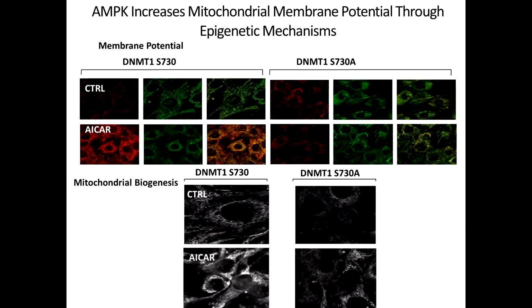And the way we're able to see that is if you look at the row that is labeled with ICAR, the very first picture is really red. The second picture is green. And then the third picture is yellow.